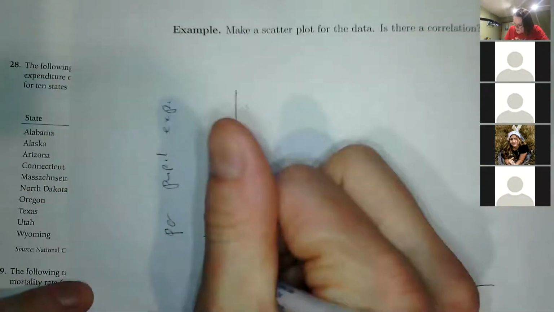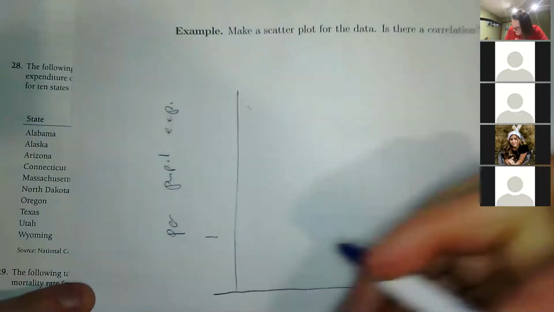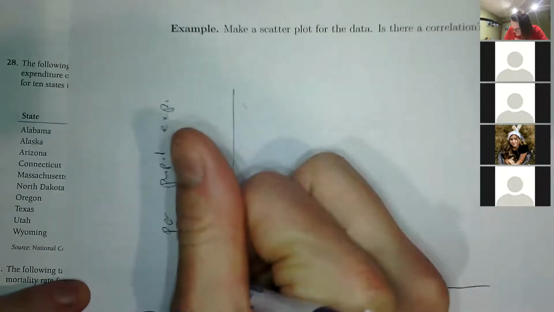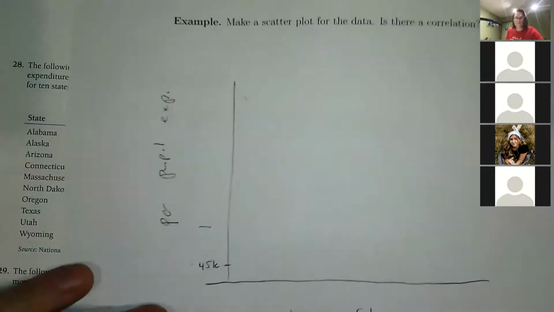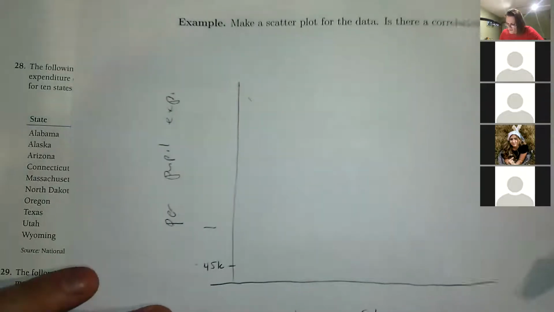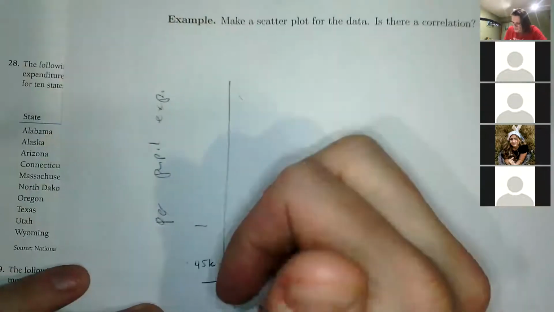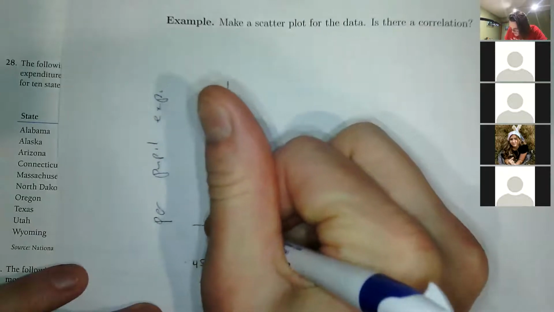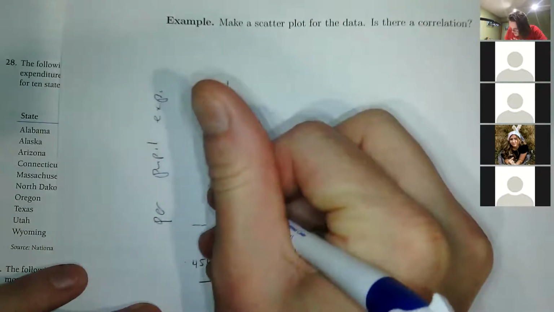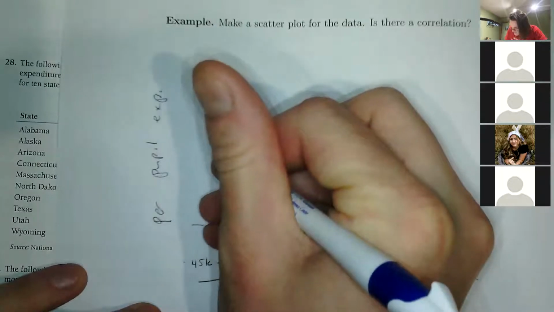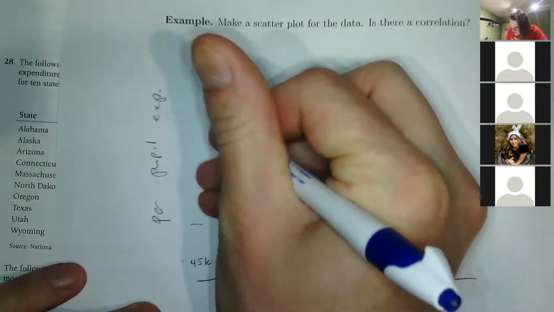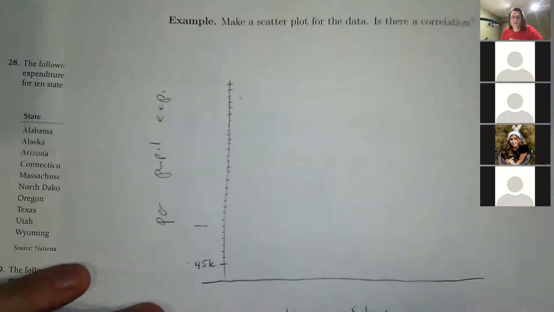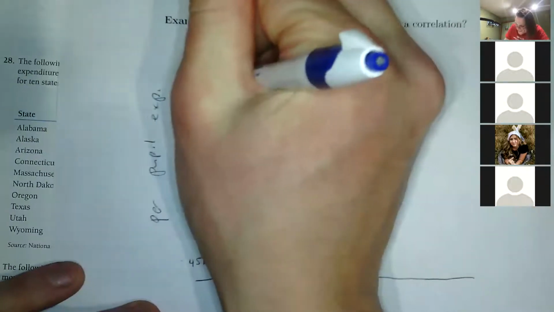So I'll put 45 down here, 45K, and then I need to go up to 75, so 30. Let's see if I can fit 30 ticks in. 1, 2, 3, 4, 5, 6, 7, 8, 9, 10, 11, 12, 13, 14, 15, 16, 17, 18, 19, 20, 21, 22, 23, 24, 25, 26, 27, 28, 29, 30. That was beautiful.